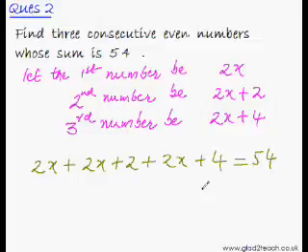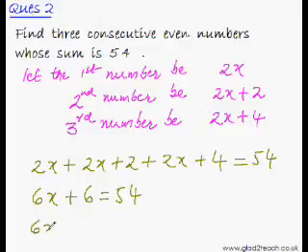So now tell me the answer. 2x plus 2x plus another 2x will be 6x. And 2 plus 4 is 6, equal to 54. So this means 6x will be equal to 54 minus 6. Isn't it? When this plus 6 comes to this side, it will become minus 6. So 54 minus 6 will be 48.